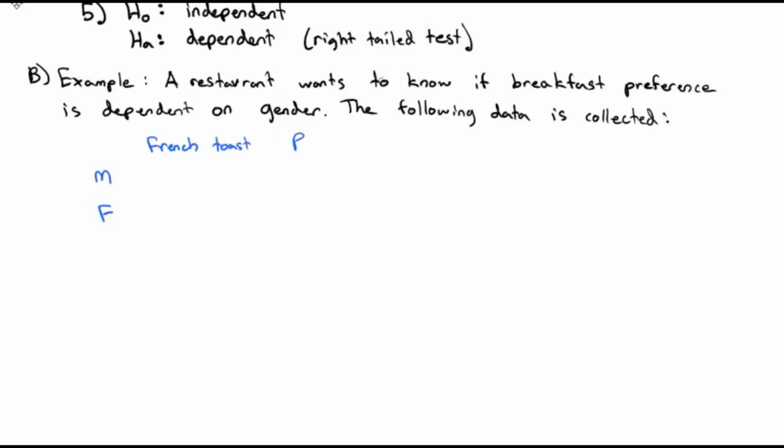Some will prefer pancakes. Some prefer waffles. And some prefer omelets. And then we'll have a total row and a total column.